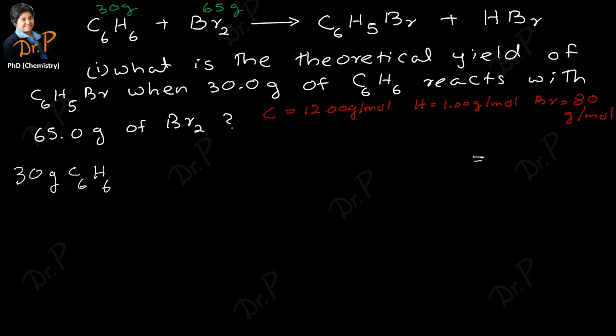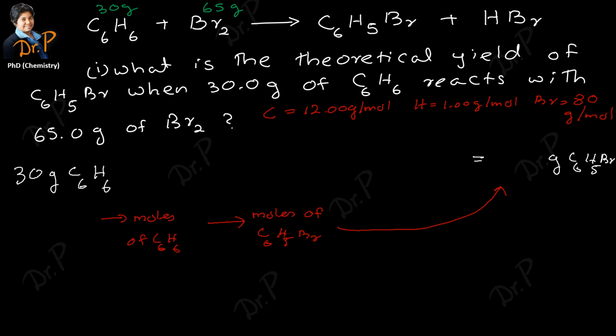So what I need to find is grams of C6H5Br. Now I cannot do it straight with grams. First I have to convert this into moles of C6H6, and then relate it to the moles of C6H5Br. From that I can go to the mass of C6H5Br.